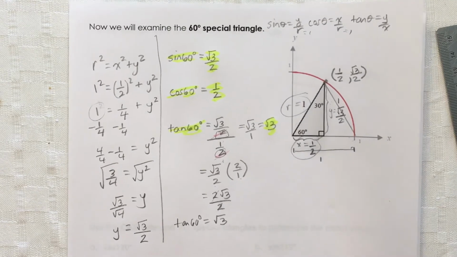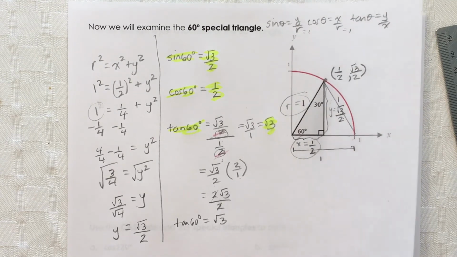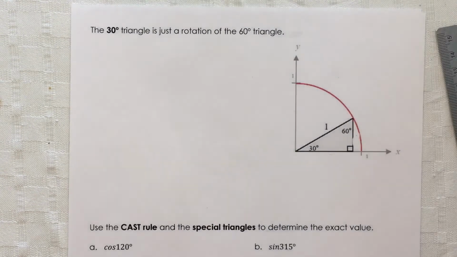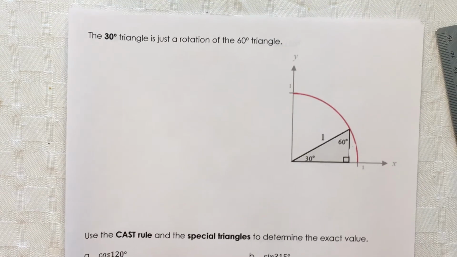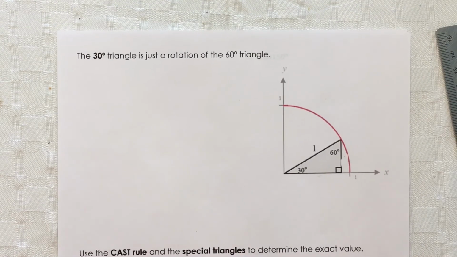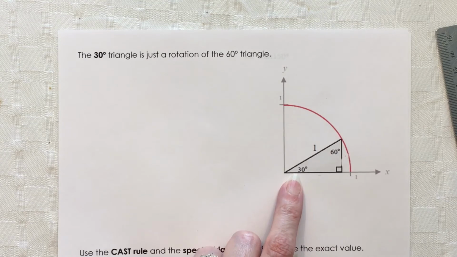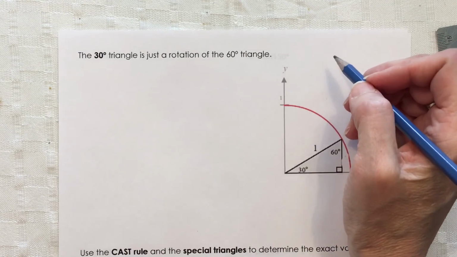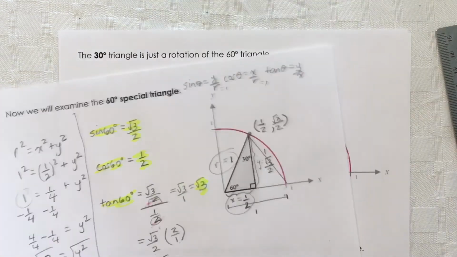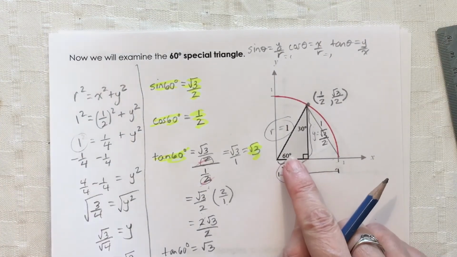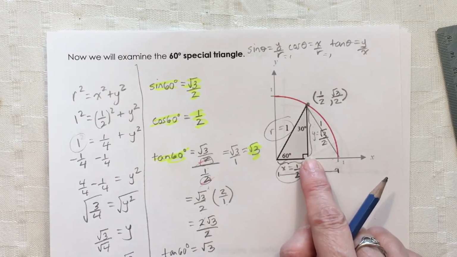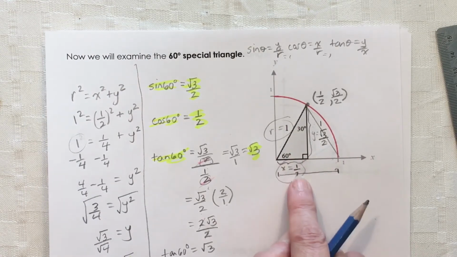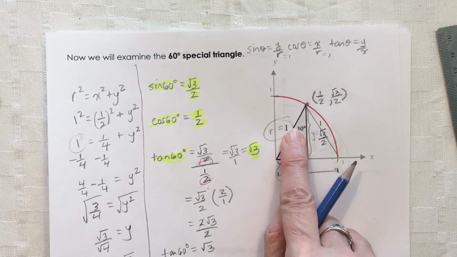Okay, our third special triangle is fairly straightforward because it's just the 60-degree triangle turned on its side so that the 30 is down here and the 60 is up here. And so if you remember the 60-degree triangle that we just looked at, it had the exact same three angles, 60, 30, and 90. So between the 60 and 90, the length was 1/2 when r was 1.